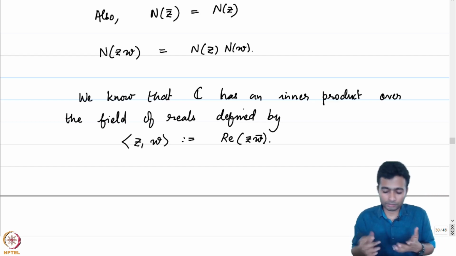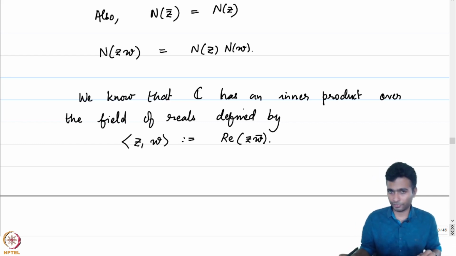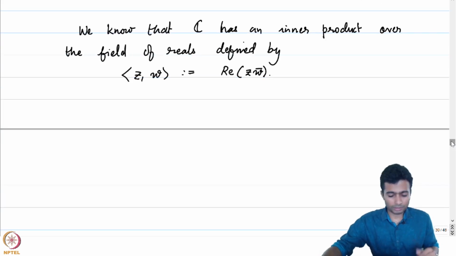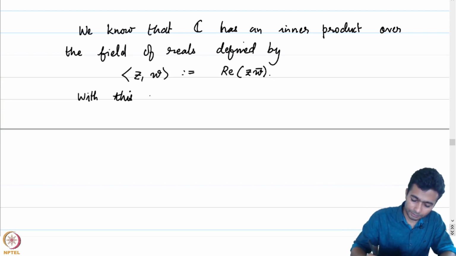This is the standard inner product, which we generally consider on C when considered over the field of real numbers. This is an inner product. With this inner product, C is an inner product space. I will not go into the details of checking all that again.